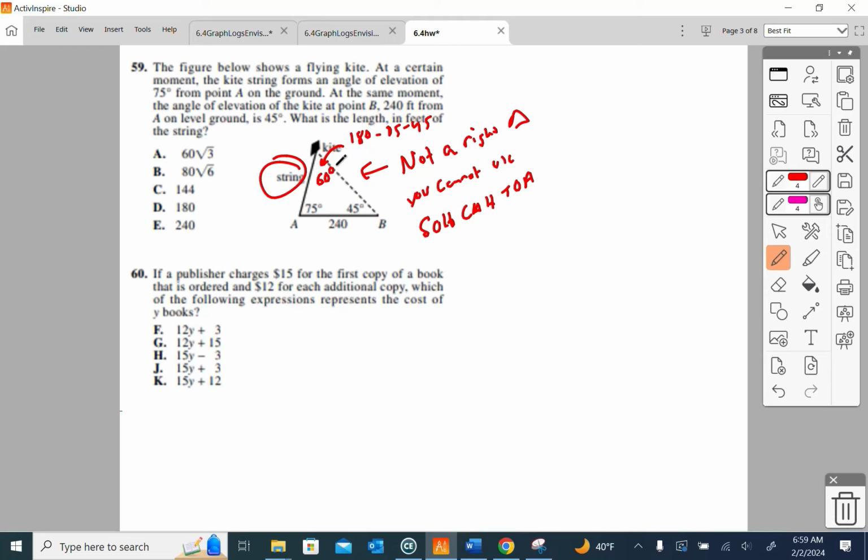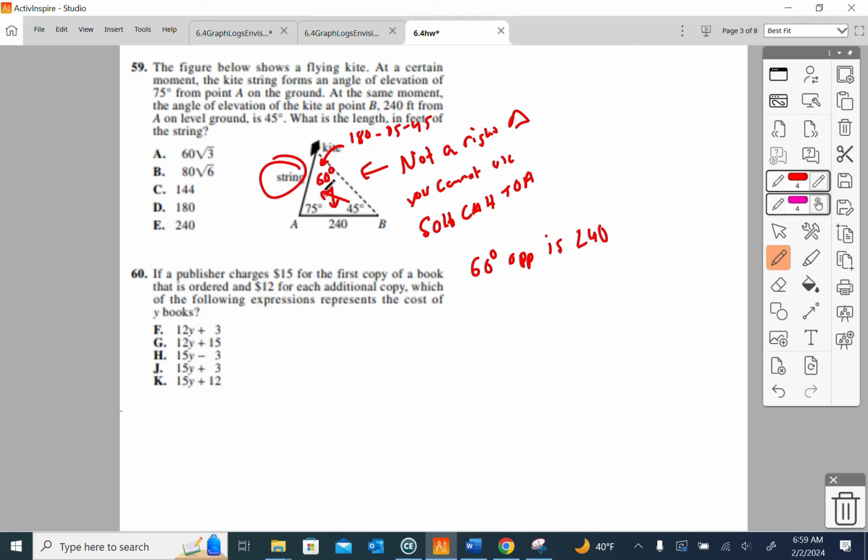Now, here's the question. Is there enough information to not use trig? This 60-degree angle is opposite 240. So we got 60 degrees and the opposite side is 240.